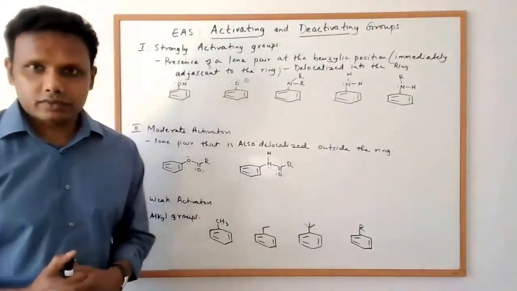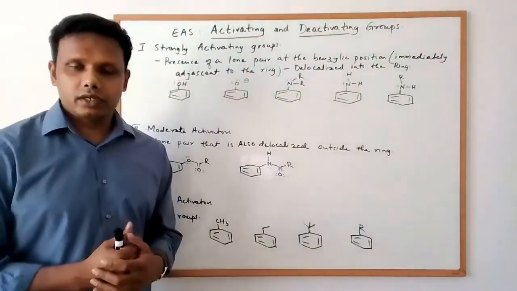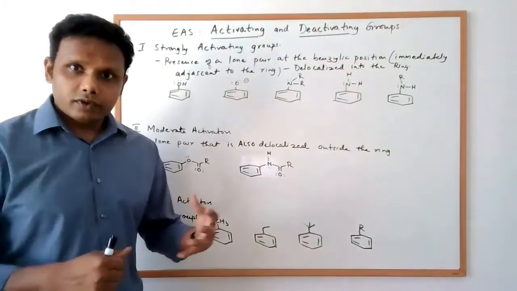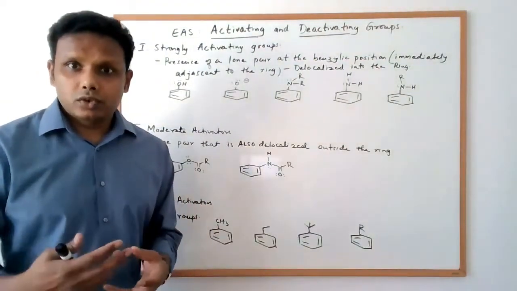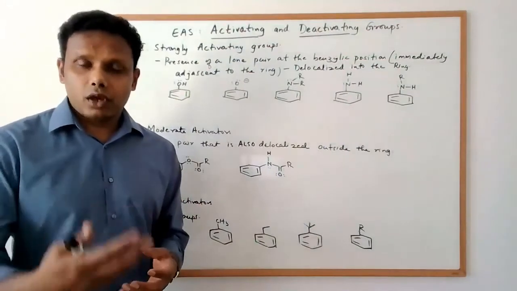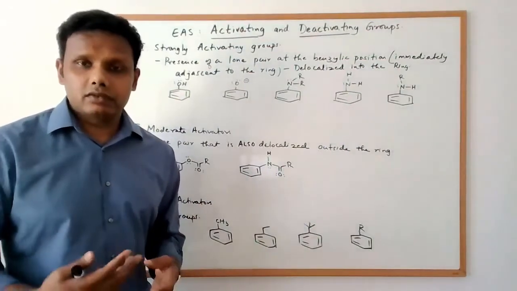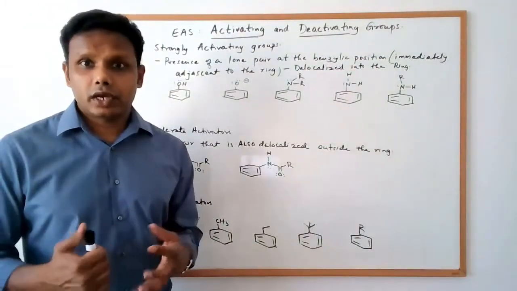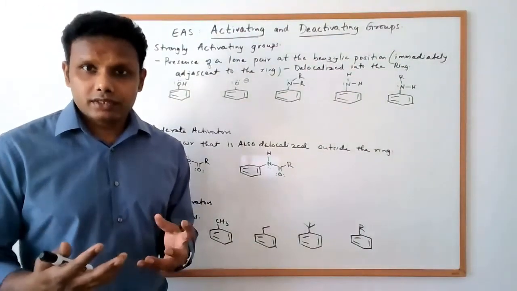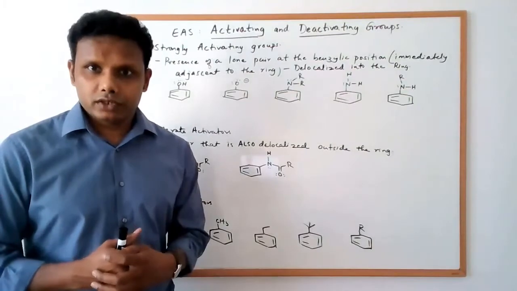Let's look at some classifications of these activating and deactivating groups. First, we are going to look at activating groups. So these groups all make the compound more reactive in the electrophilic aromatic substitution. And each kind of group demonstrates some characteristic feature.